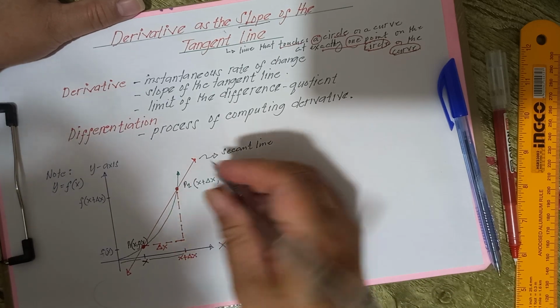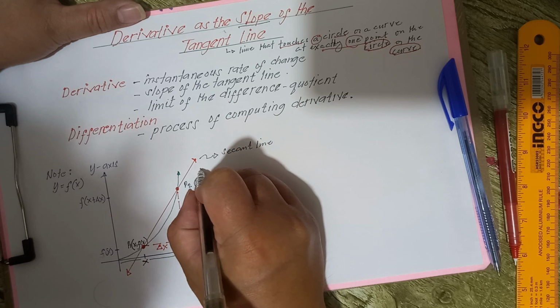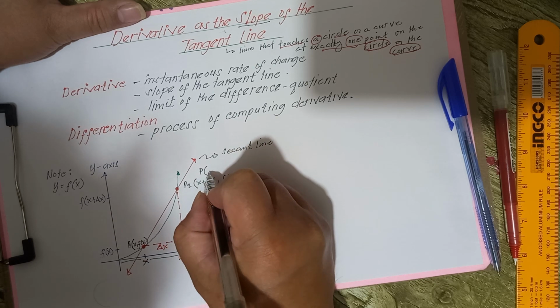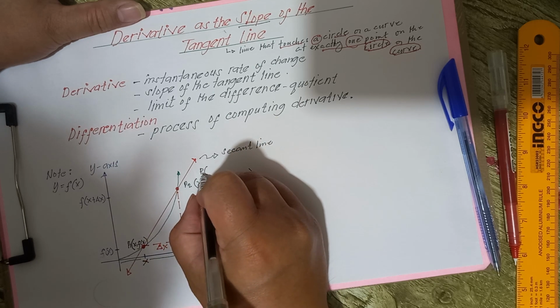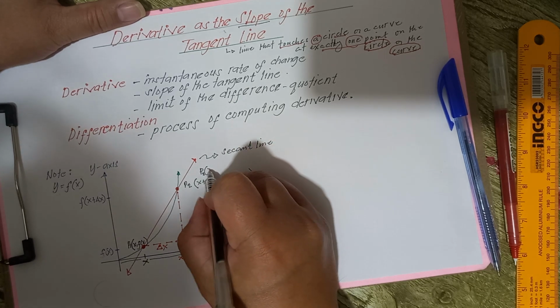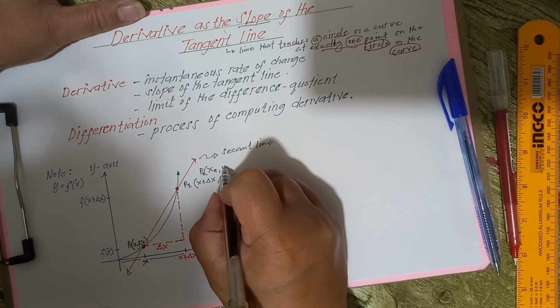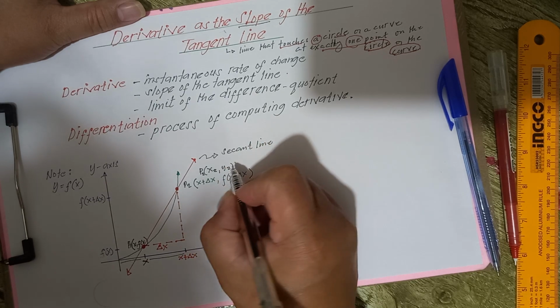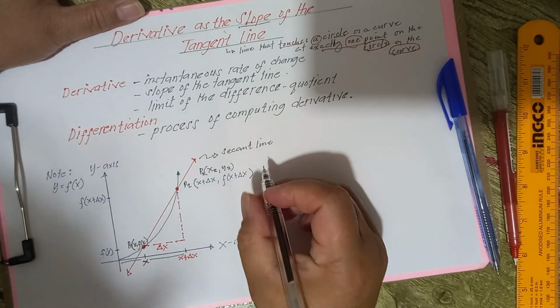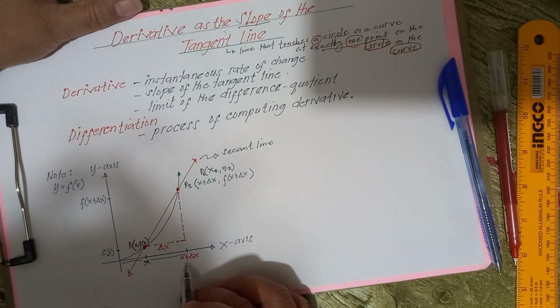That is the same as we just follow the point. So what is the point? If that is point 2, we say that our point 2 is actually x sub 2 and then y sub 2. So what is your x sub 2? That is your first x, that is your second x.